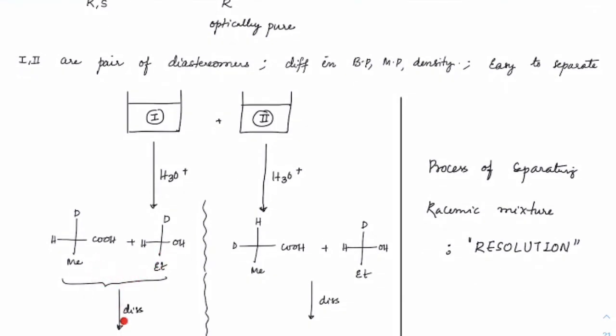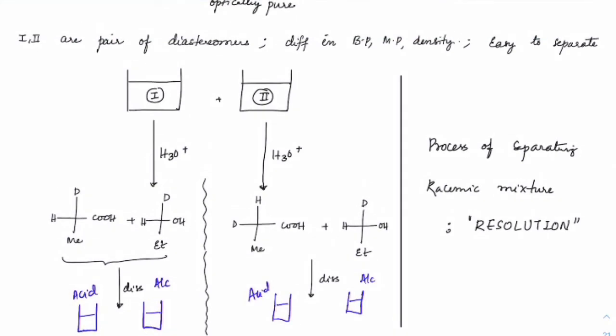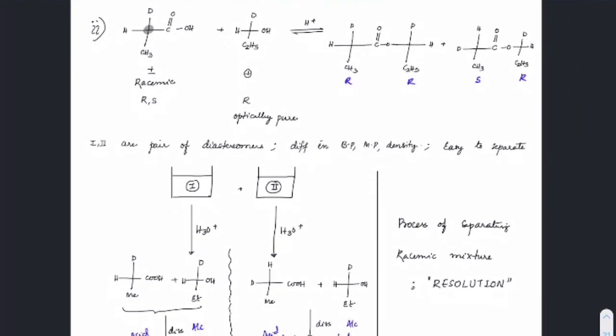So by distillation we will be able to separate out pure acid and pure alcohol. Here also we get acid and alcohol. This separation of a racemic mixture is what we call resolution. I hope you remember that.